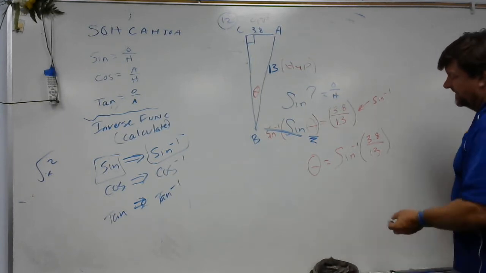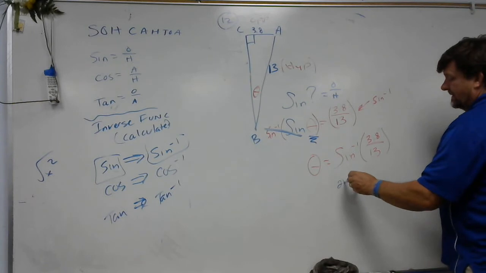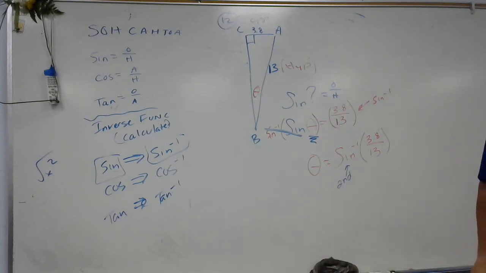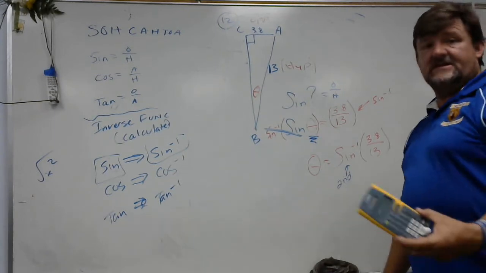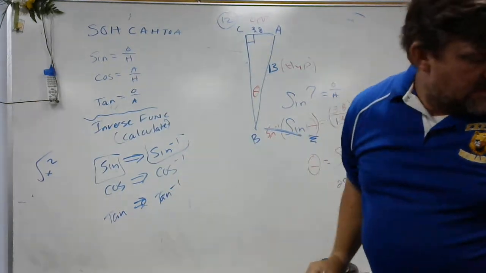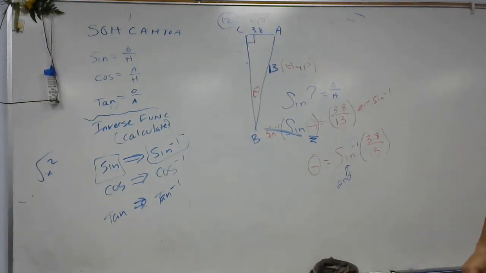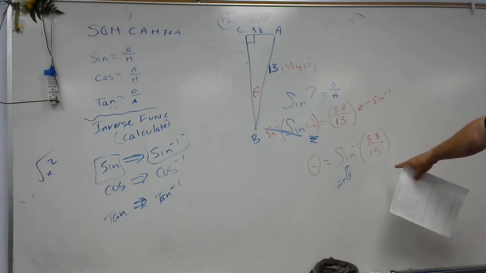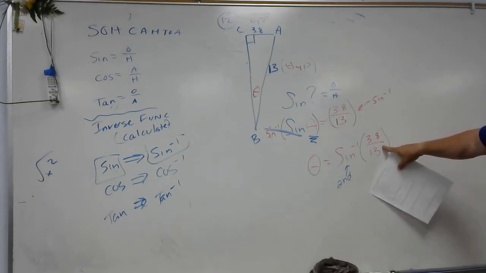This is the second function. You got to hit the second button on your calculator. So I'm going to hit second, sine, which gives you the sine to the negative 1. And then you're going to put your fraction in there, 3.8. And somebody asked me today, well, what's a fraction?